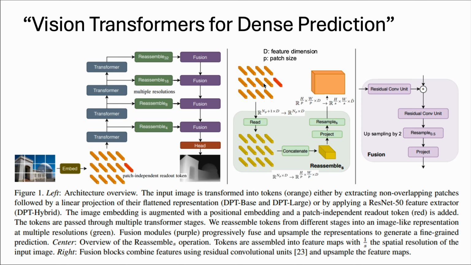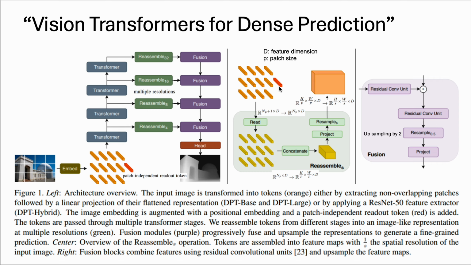So the image tokens plus one CLS token were fed into a read layer. This read layer generally maps these Np plus one tokens into Np tokens.